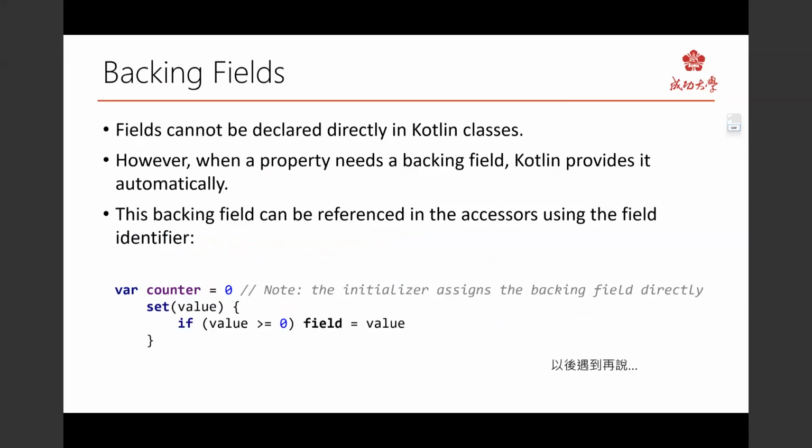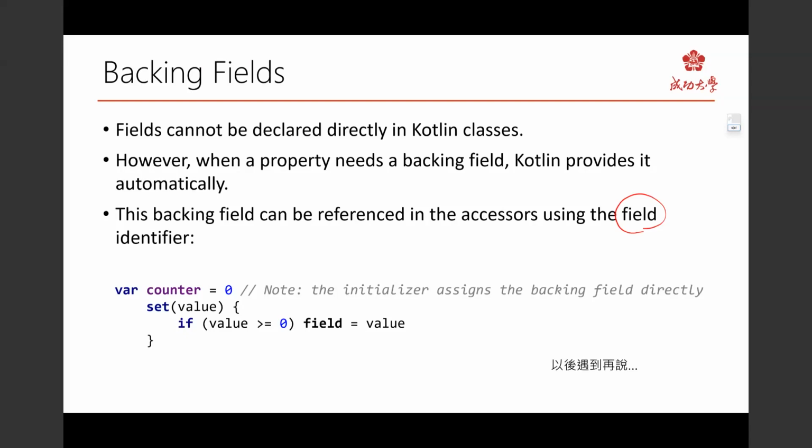Now, in Kotlin, fields cannot be declared directly in Kotlin classes. However, when the property needs a backing field, Kotlin provides it automatically, and this backing field can be referenced in the accessors, such as getter functions or setter functions, using the field identifier.